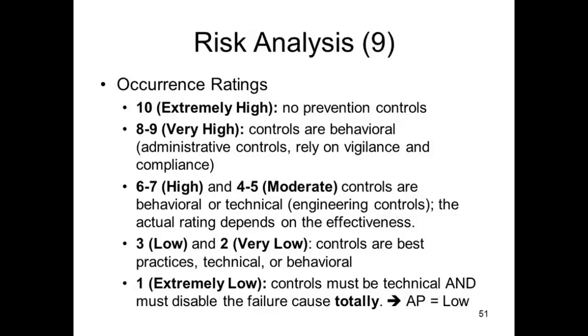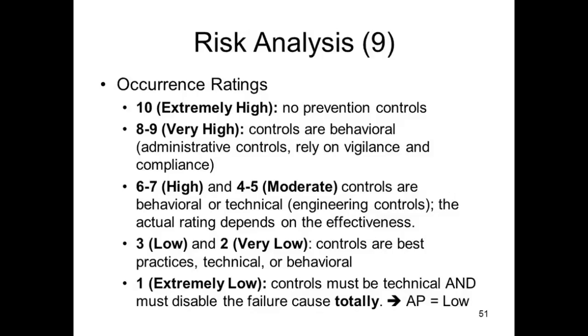We can also have better behavioral controls, can get a 6 to 7, 4 to 5. Actually, low and very low controls or best practices, technical or behavioral. I'm trying to think of a behavioral control that could actually get us down to a 3.